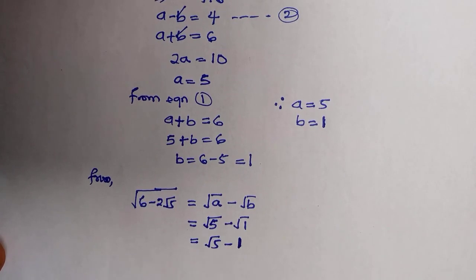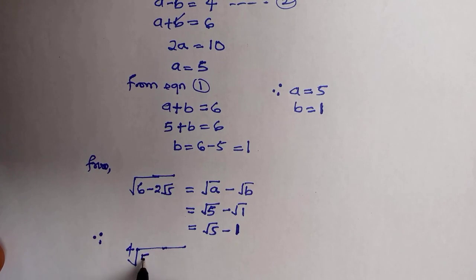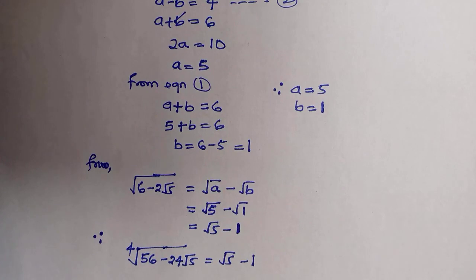Square root of 1 is 1. Therefore, the fourth root of 56 minus 24 root 5 equals root 5 minus 1 by expansion. So this is a nice way of solving this question. It's very short. I don't want to be applying all the simultaneous by quadratic, and that's why I do it like this.